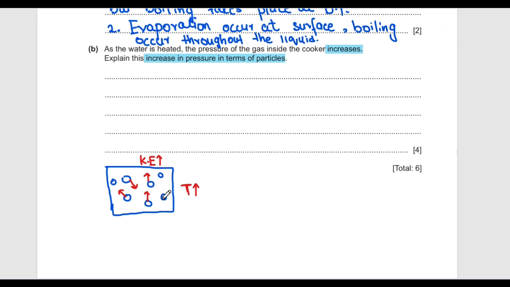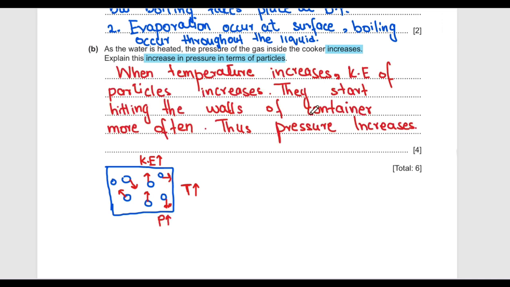When the kinetic energy is raised, the molecules will hit the walls of the container more often than they were hitting before. So this increases the pressure. I wrote that when temperature is increased, the kinetic energy of particles is increased. They start hitting the walls of the container more often. Thus, the pressure increases. And this will get you 4 marks.